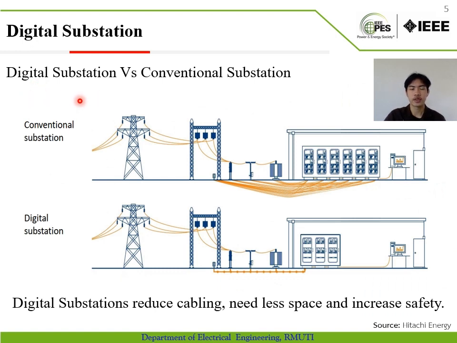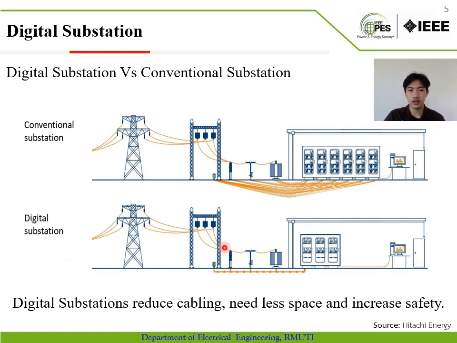On this page, we can clearly see the difference between the digital substation and the conventional substation. In the conventional substation, there are a lot of wired point-to-point connections between switching equipment and protection and control relays.